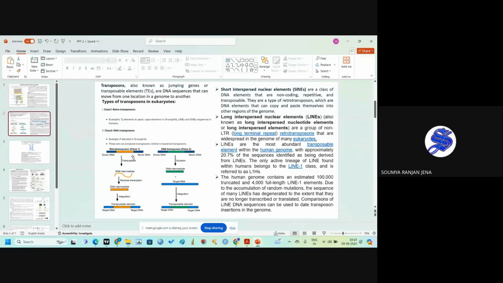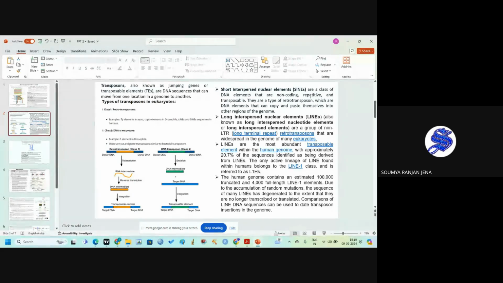Then, if we go to the other elements of the transposon, these are short interspersed nuclear elements, that is SINEs, a class of DNA elements that are non-coding, repetitive, and transposable. Non-coding means these SINE regions of the DNA do not code for any proteins.